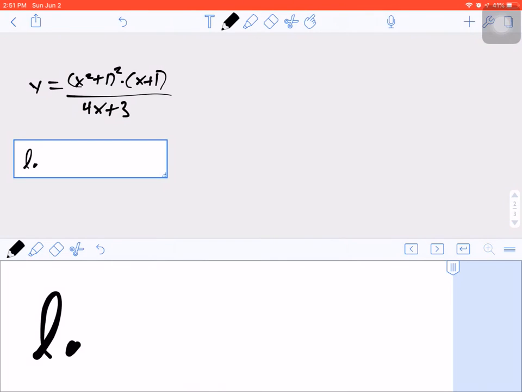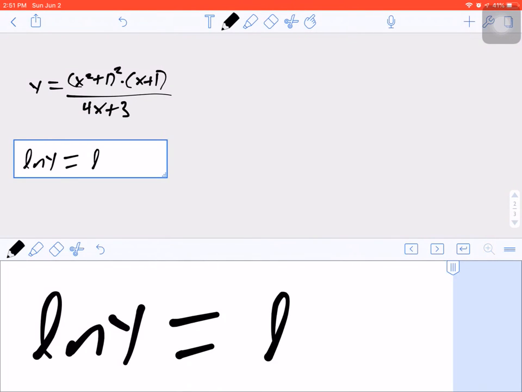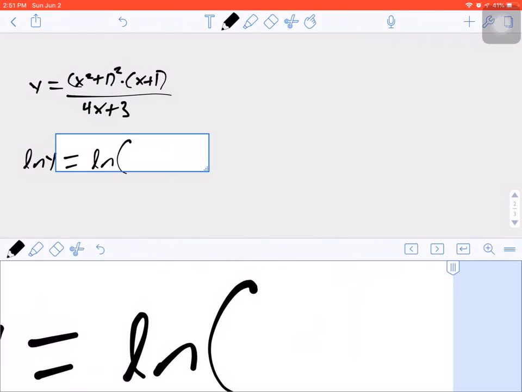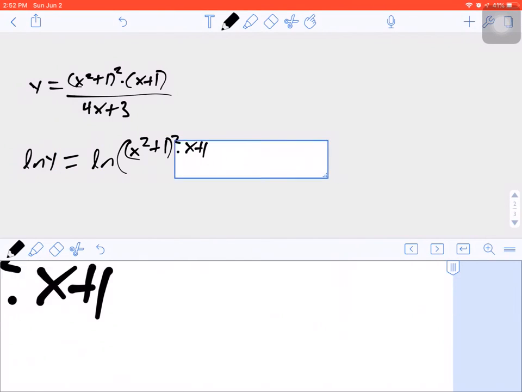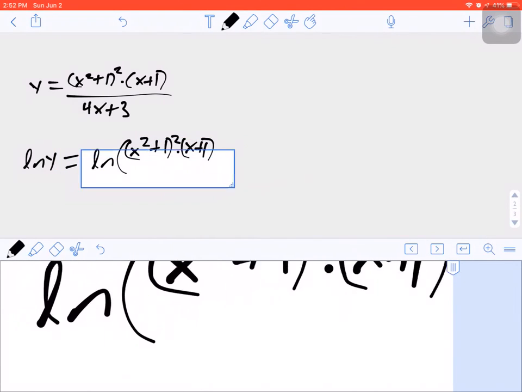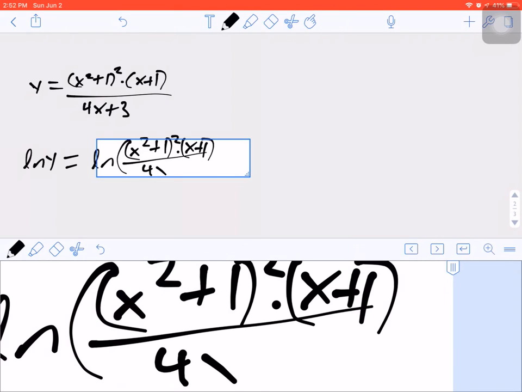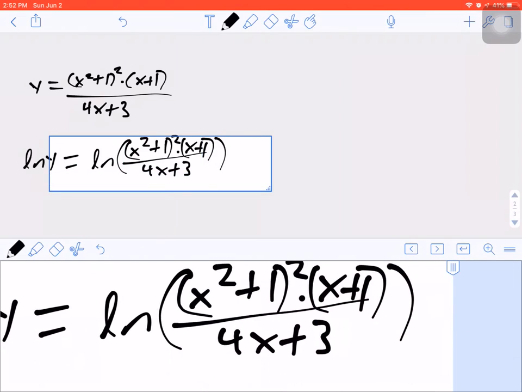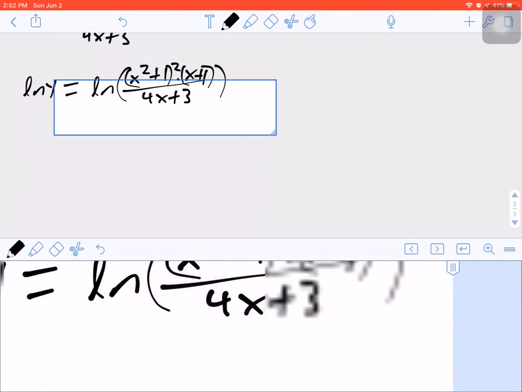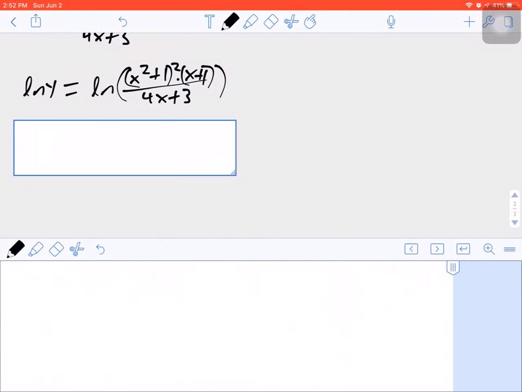So ln of y equals ln of this big equation here, (x squared plus 1) squared times (x plus 1) over (4x plus 3). So now we can separate this log right here, so it'll be easier to take the derivative.